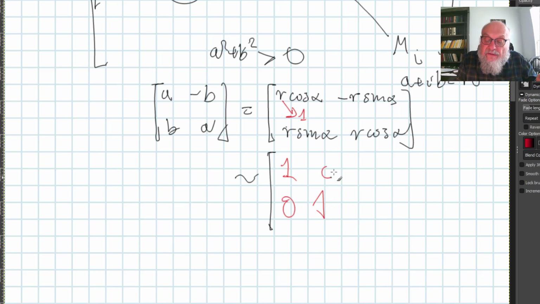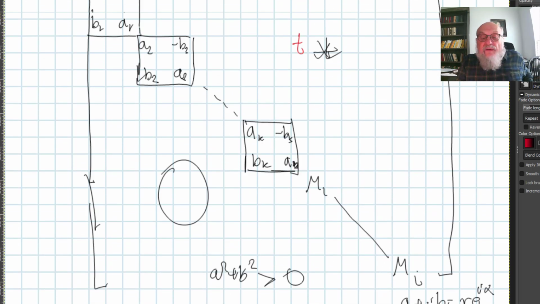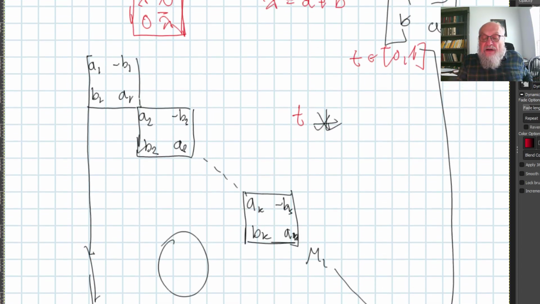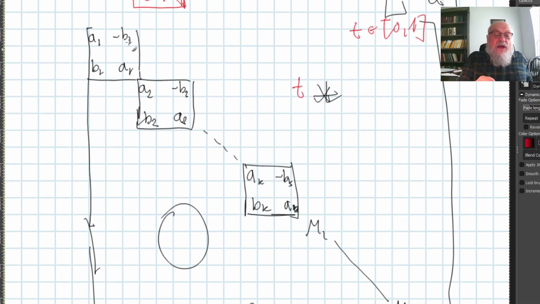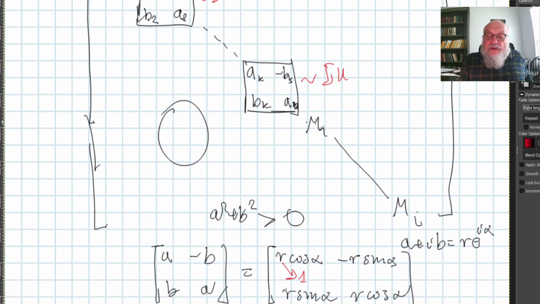So this will be identity. So you can easily remark that every one of those blocks will be mapped into the identity. And then if you have an eigenvalue which is positive, you can reduce it easily by shrinking it to 1.